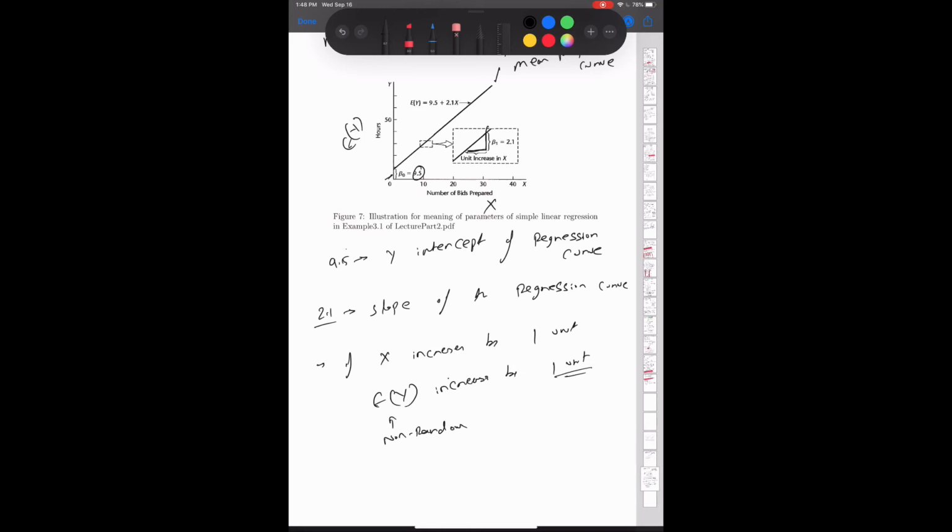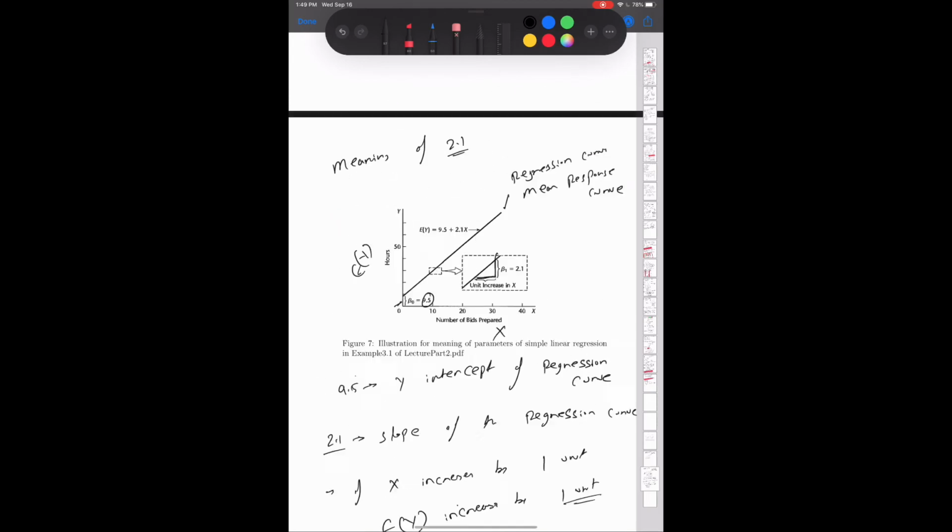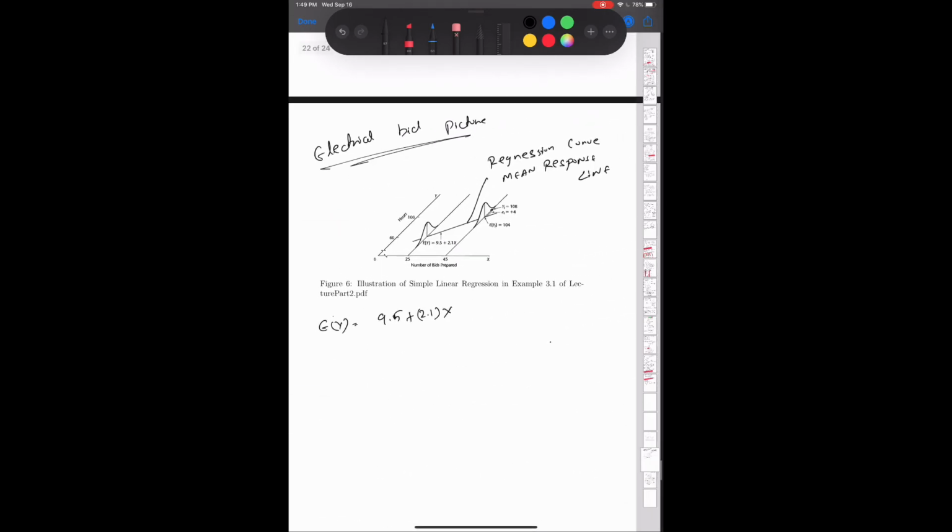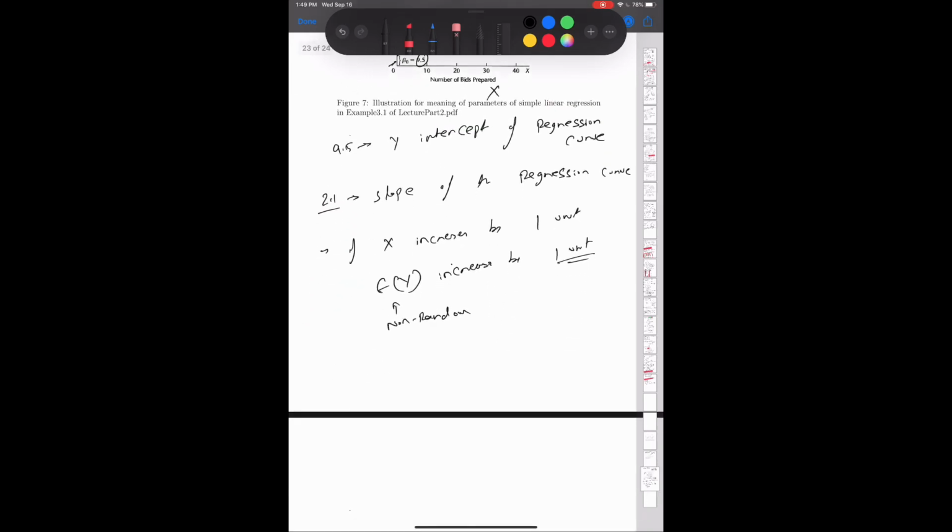I can't tell what will happen to y, what the output will be, because it could be above the regression line or below the regression line. But I can tell you what will happen to the regression line as I change x. So in this picture, you see that if I increase x, the regression line moves up. The value of y is not on the regression line, it's around the regression line, right? So I can't tell what exactly yi would be, but I would be able to say that the regression line moves up. So what is the interpretation of beta 1?